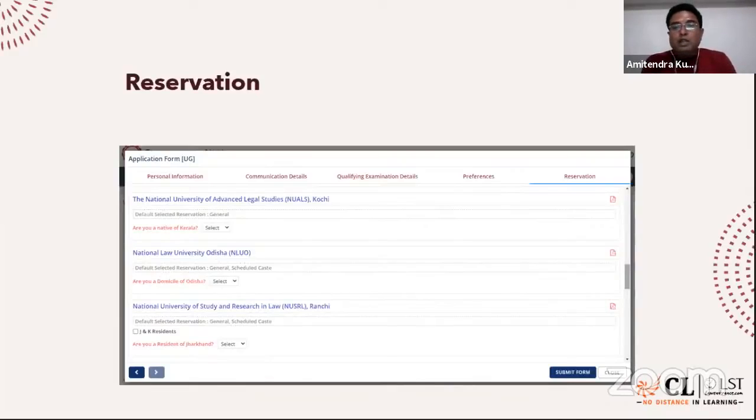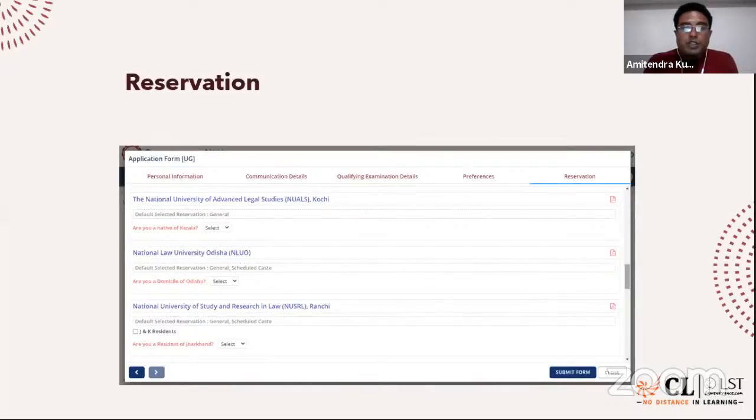You can't just randomly state that you fulfill this criteria. Whether it is your domicile certificate for the state of Jammu and Kashmir, or your certificate as a Kashmiri migrant, it should always be ready before you apply for CLAT 2021.